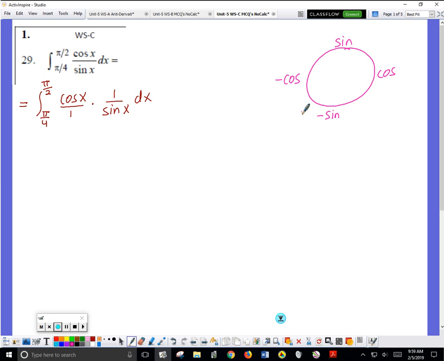So I don't want to choose cosine, but look how nice this works. If I pick u equals sine of x, the derivative of sine is cosine. Same thing as before.